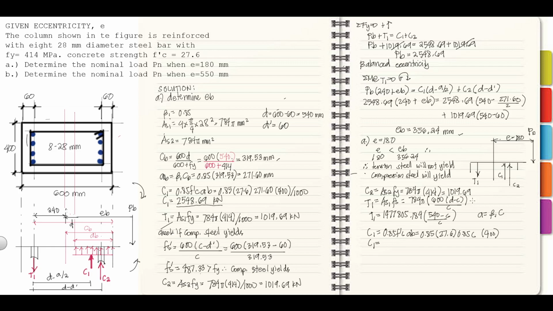So, if you're going to divide this by 1,000, we will have 1477.81. Yeah. And then, okay, ulitin natin to make it clear.